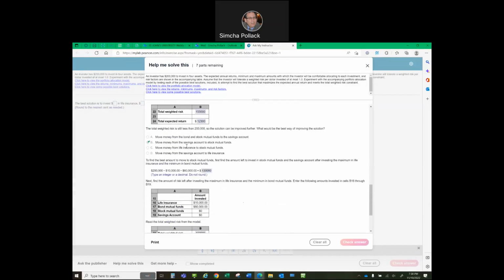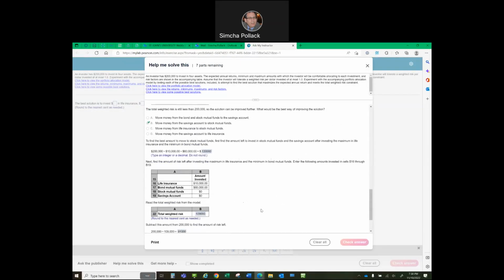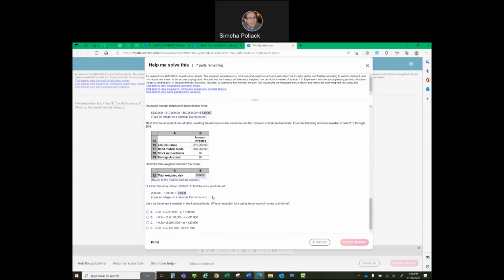We're going to move the money from savings to stocks. The question is how much? Right now, we have 91,000 points of risk we have to allocate left over.